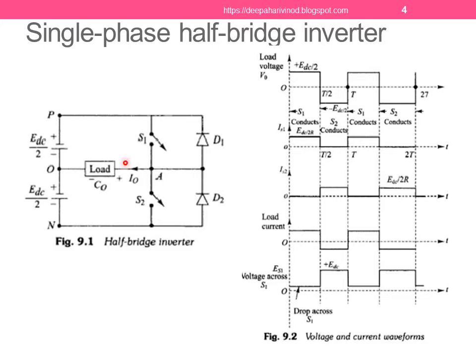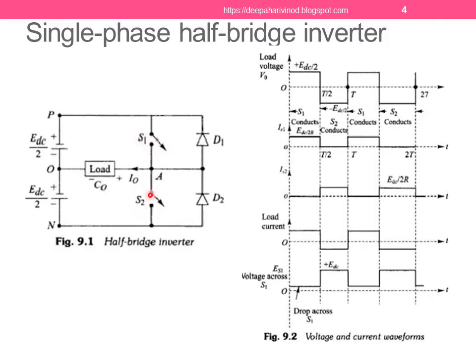This is the circuit for the half bridge inverter. It consists of switches S1 and S2, gate commutated devices such as BJT, MOSFET, GTO or IGBT, which can be used as the switch here.